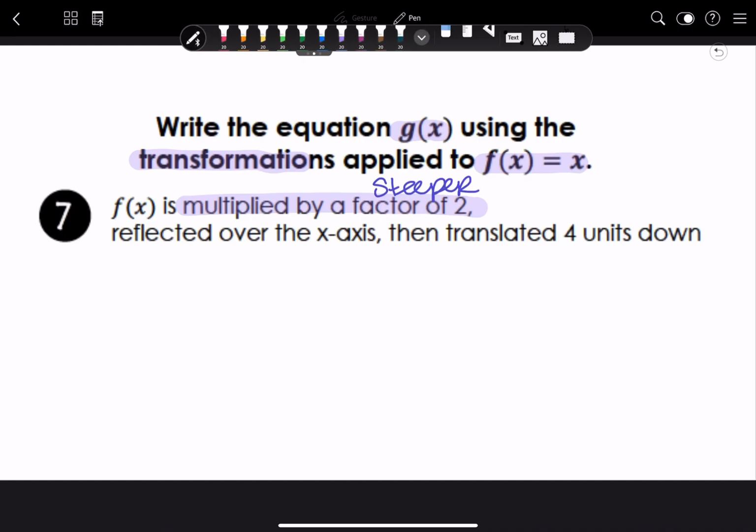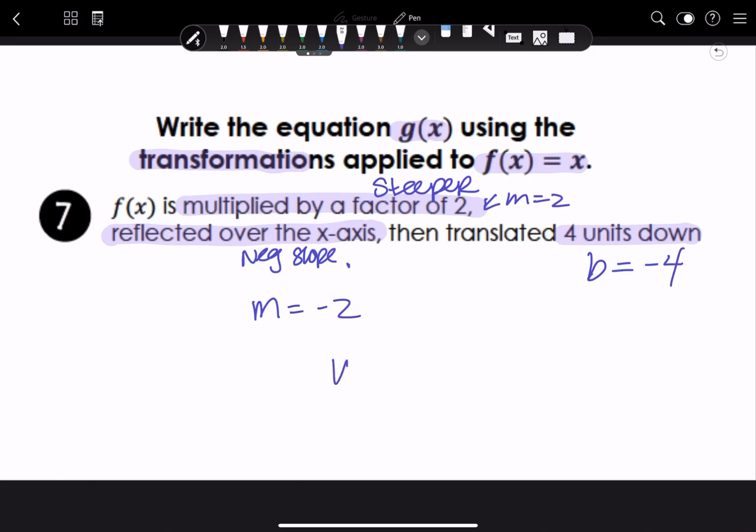It's going to be reflected over the x-axis. This means we've got a negative slope, which means our m is now going to be negative 2. And then it's translated 4 units down, which means our y-intercept is negative 4.